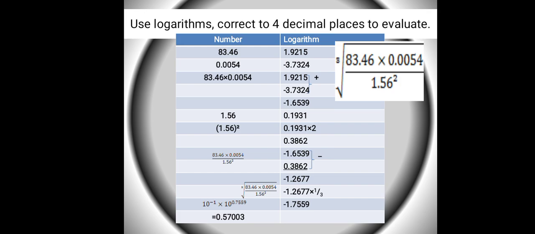We have 1.2677. Now get the cube root of the results by multiplying by a third. We have 1.7559. Get the antilog of the results. We get 0.57003 as the answer.